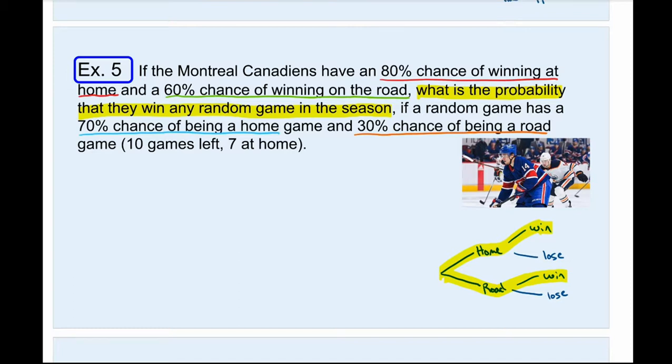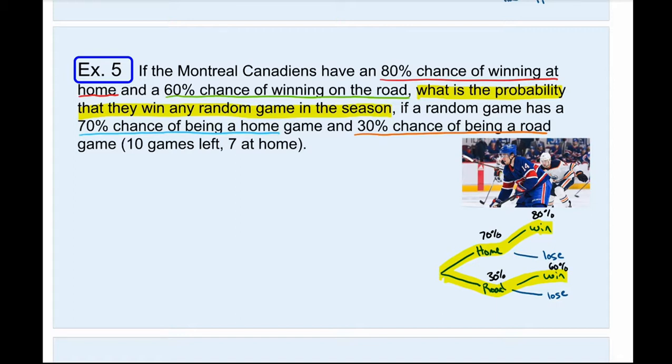So we know the probability of them having a home game is 70%. The probability of being a road game is 30%. The probability of winning at home is 80%. And the probability of winning on the road is 60%.